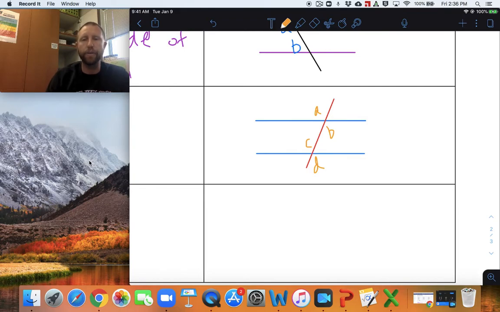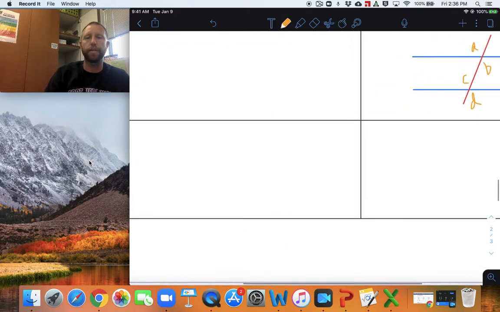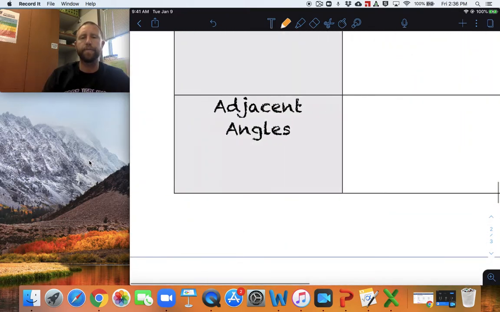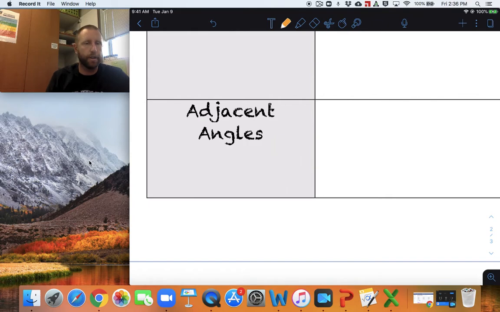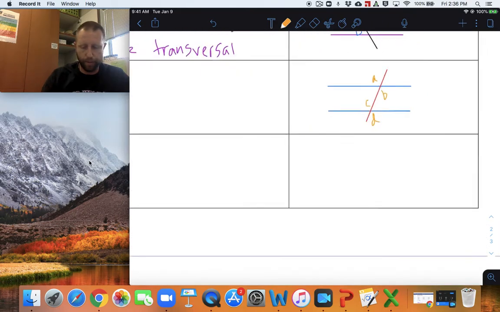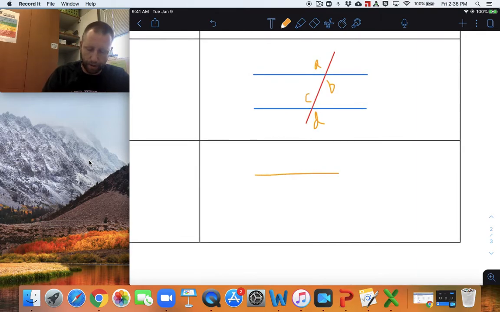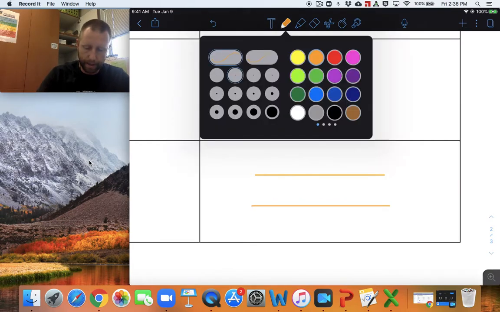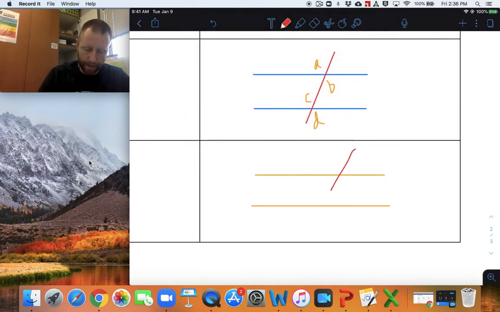Angle C and angle D, those are both vertical angles because they have that common vertex and they're opposite or across from each other. And then the last one here, adjacent angles, we already covered. I didn't put the definition or do an example, but just so you can see an example really quick, if I were to draw two parallel lines, and let's cross it with a red line.